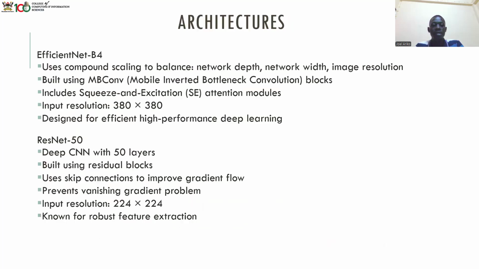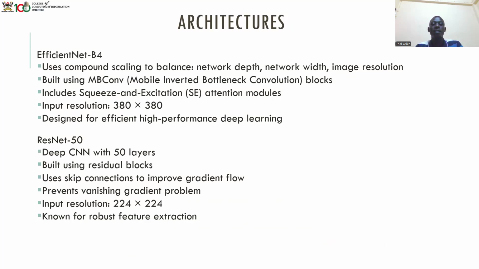the job. The architectures: as I said, we have the EfficientNet B4, which uses compound scaling to balance parameters, for example the network depth, the network width, and also the image resolution, which is 380 by 380.